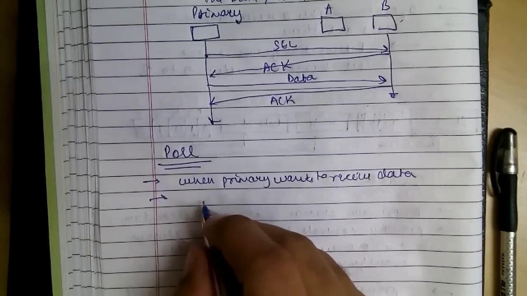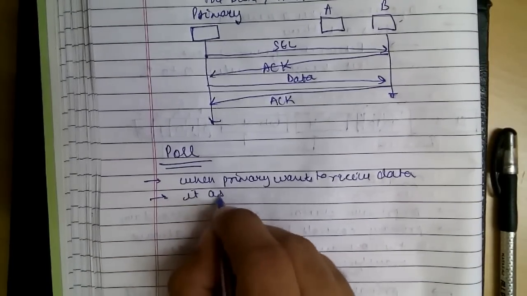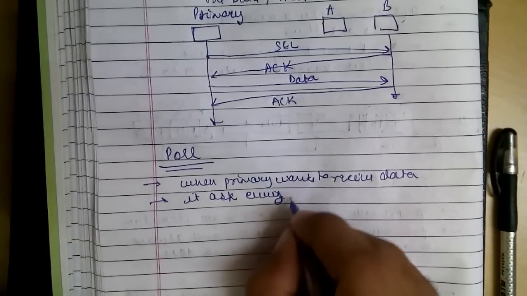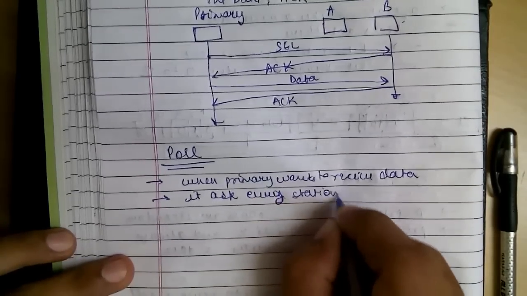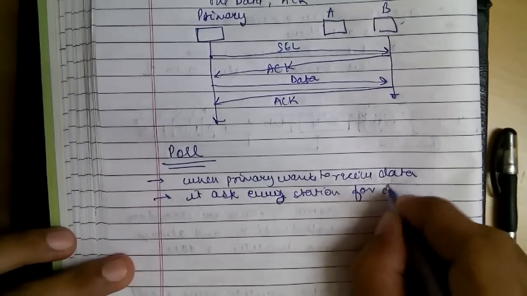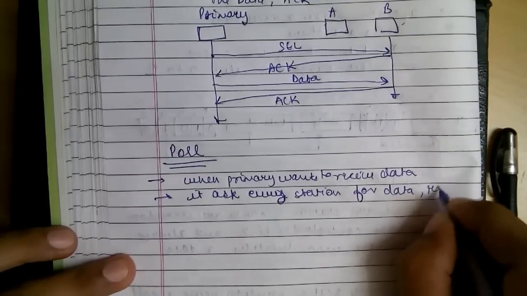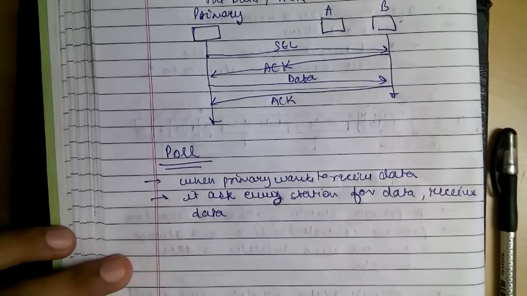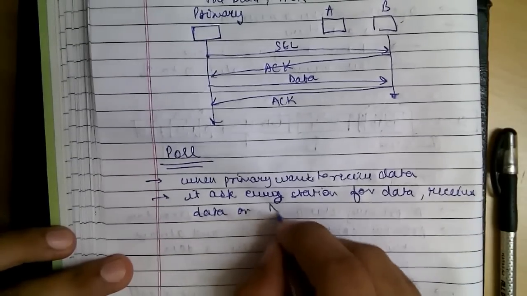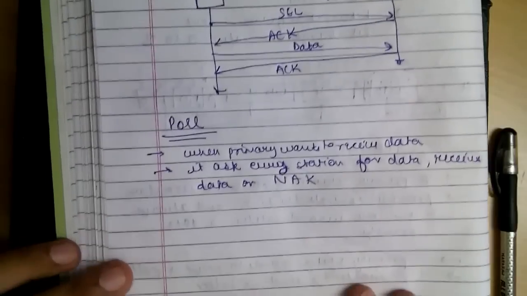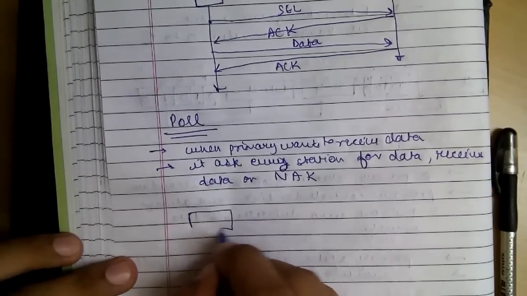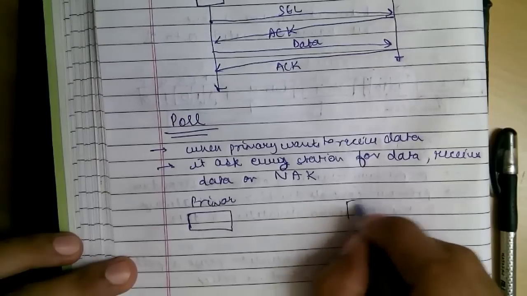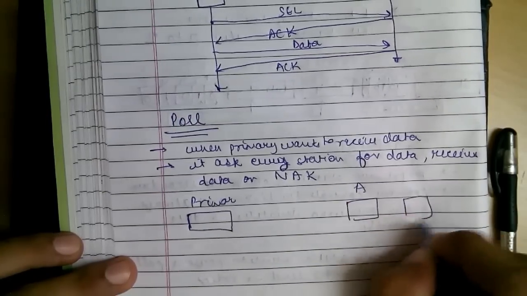What it does is it asks every station for data and then receives the data or a negative acknowledgement. Say this is primary and this is station A, this is station B.